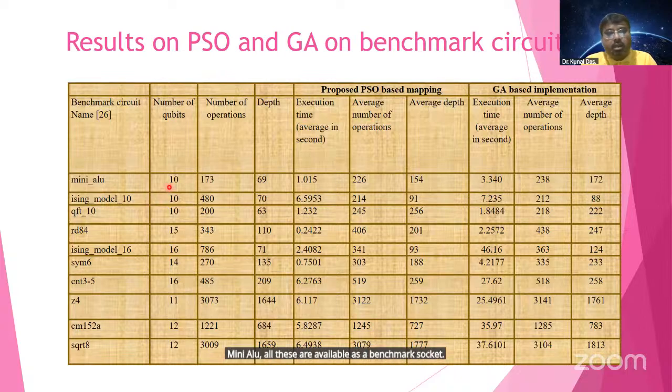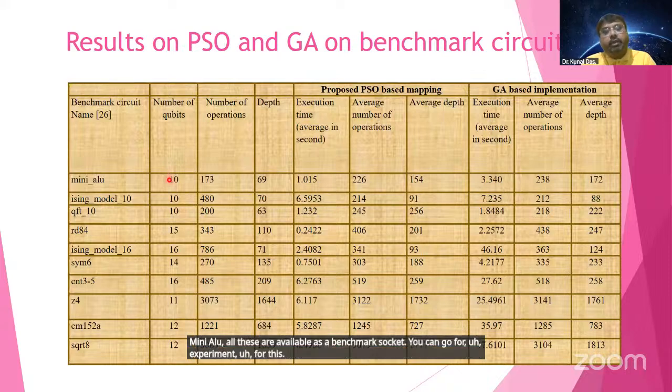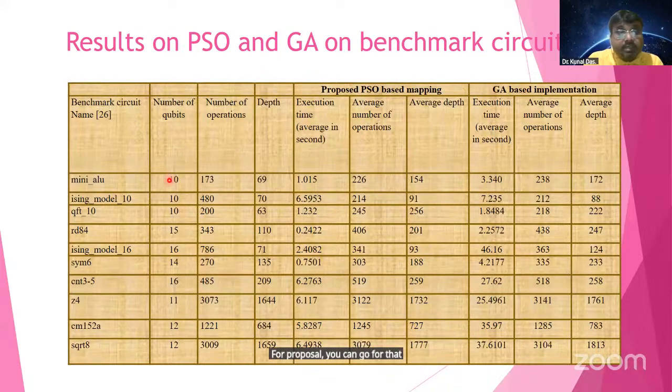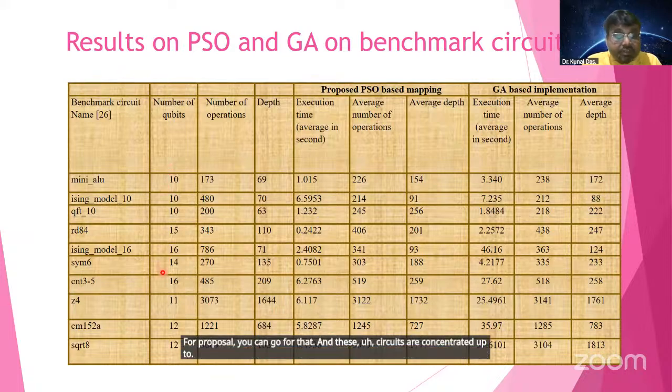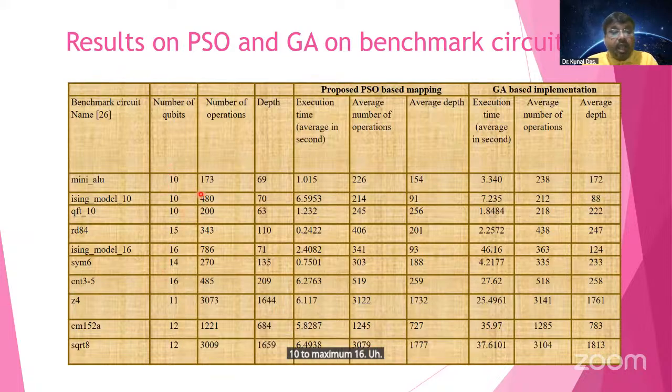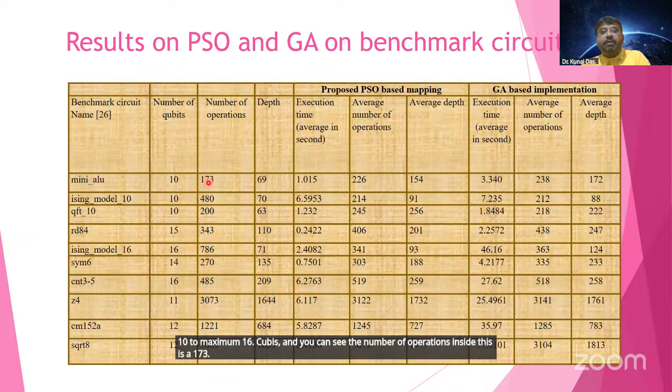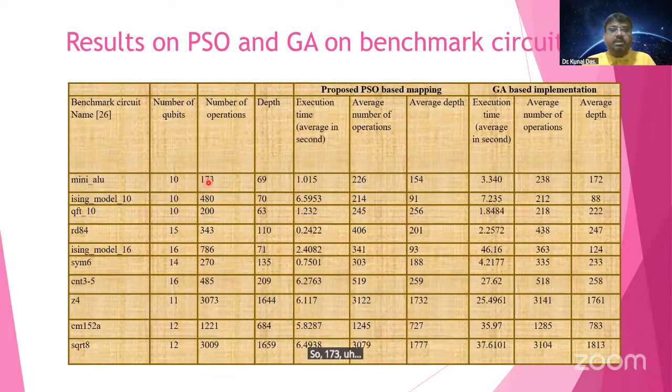You can experiment with these for your proposal. These circuits are concentrated from 10 to a maximum of 16 qubits, and you can see the number of operations inside is 173. So there are 173 two-qubit operations, and the circuit depth, the highest, is 1644.